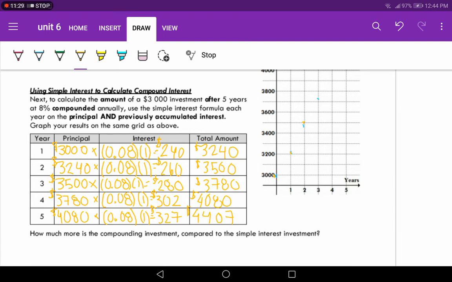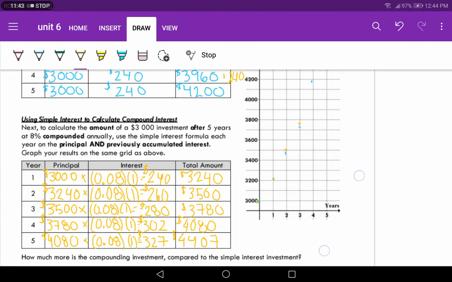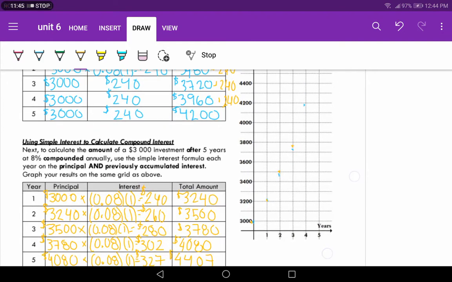After 3 years, I'm at $3,780. So again, I'm a little bit higher than before. Somewhere in there. After 4 years, I'm at 4,000. Oh, this is what I did. I missed one completely on the last one. 4,080, so somewhere in there.